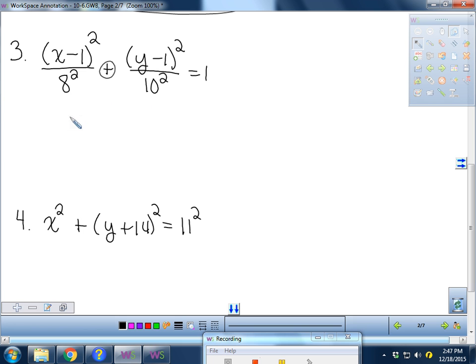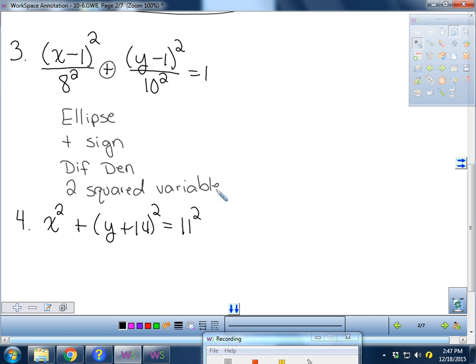Since they have different denominators, that's going to make it an ellipse. And my justification is that it has a plus sign, different denominators, and also that I have two squared variables. That is why I decided that it was an ellipse.